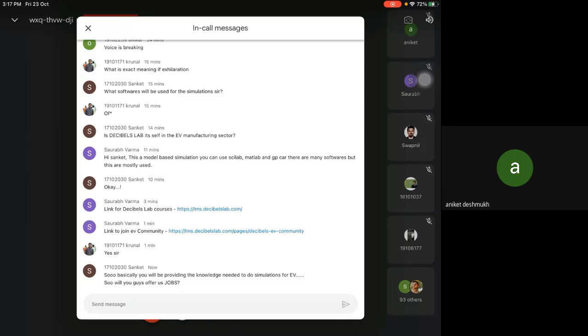We have an intensive hiring process, and most of our student employees were already part of Decibels as students, then they graduated, interned at Decibels, and became a core part of Decibels. So if you ask whether you can get a job at Decibels, there's a process in place. We don't expect good grades, but we expect very good capability and skills. That's what we would expect.